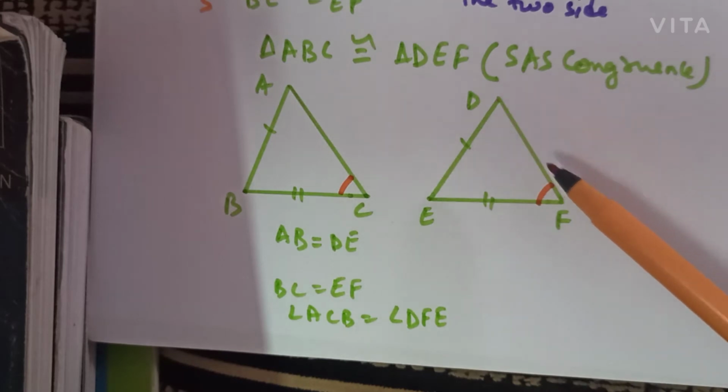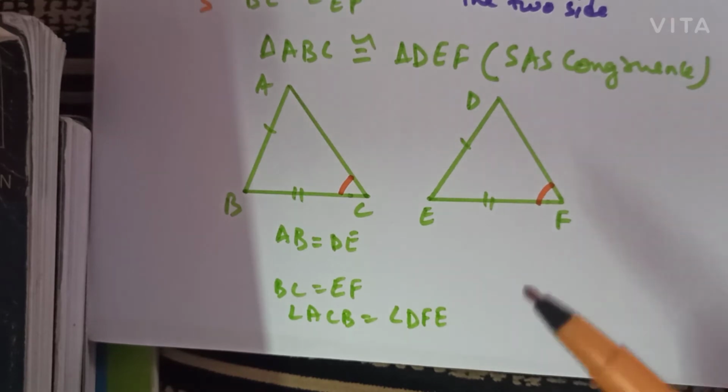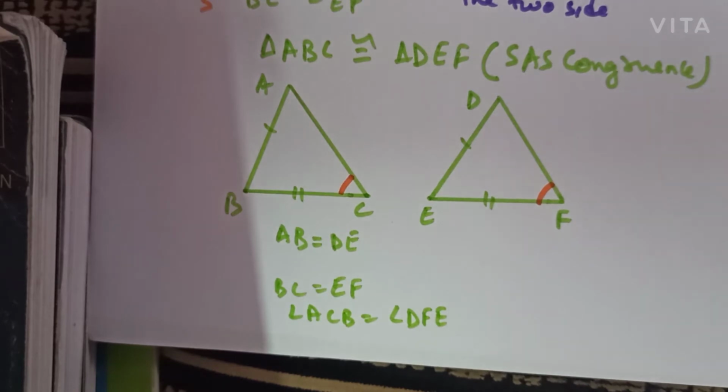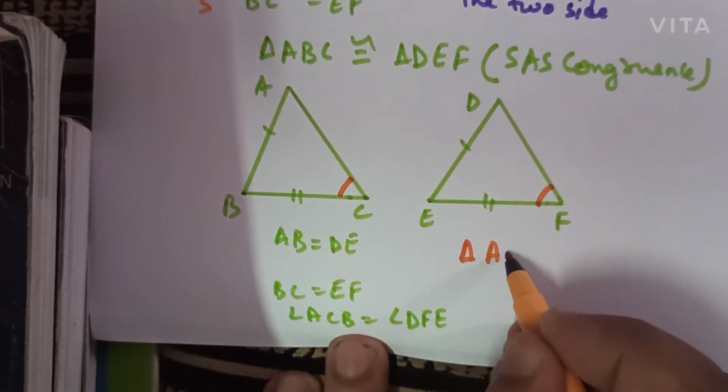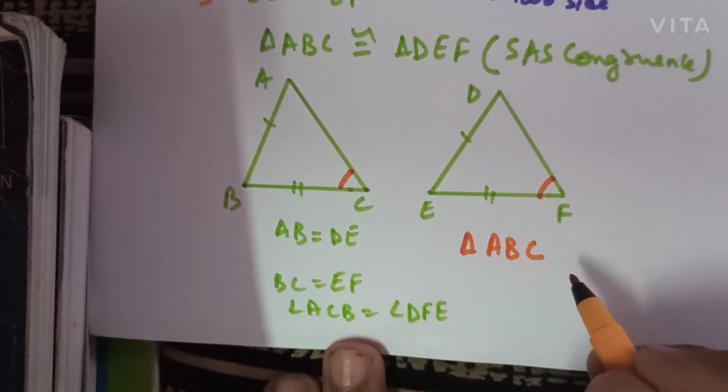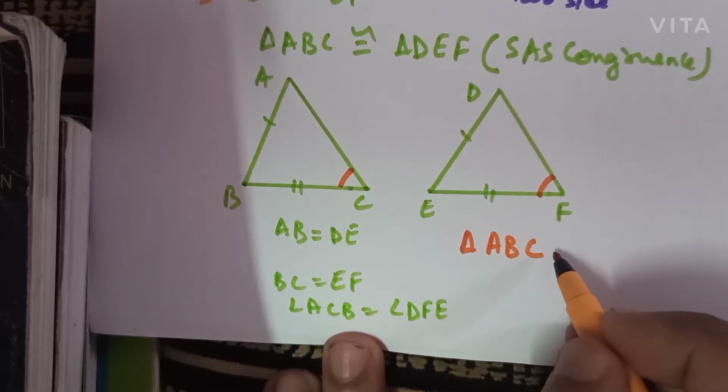Similarly, angle DFE is not lying between the two corresponding sides DE and EF. So although two sides and one angle are equal, the equal angle is not the included angle. Therefore, triangle ABC and triangle DEF will not be congruent.